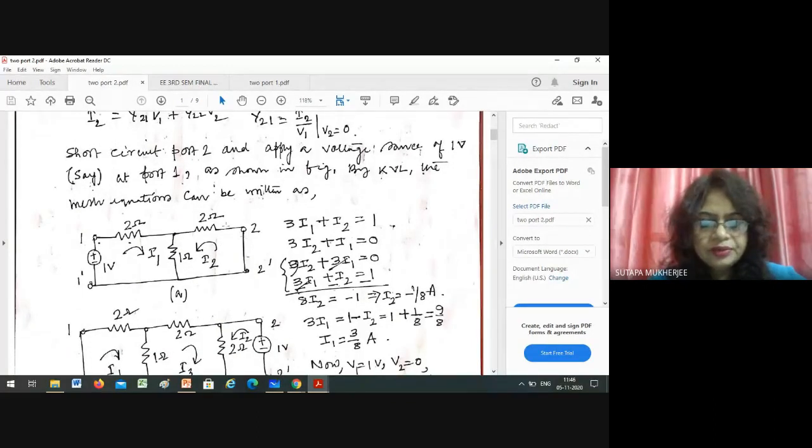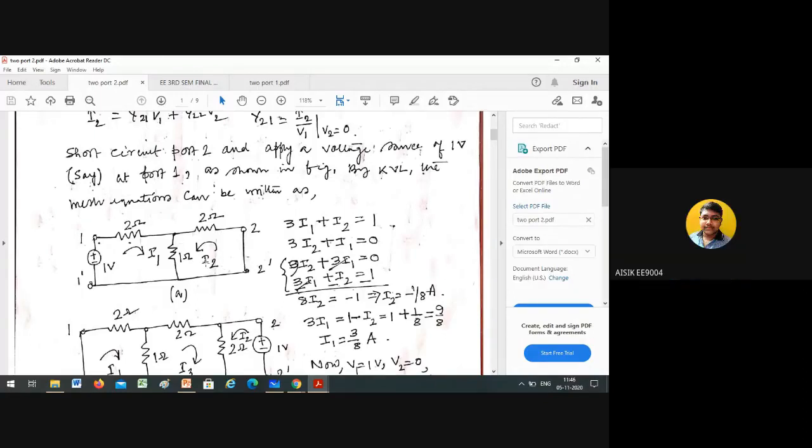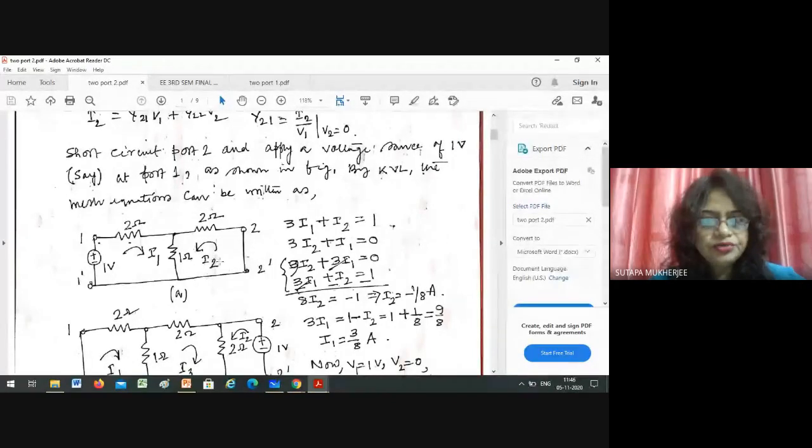And what will be the equation in case of this loop? 3I2 plus I1 is equal to 0. 3I2 because 2 plus 1 is multiplied by I2, and the direction of I1 is the same as I2. So 3I2 plus I1 equals 0.